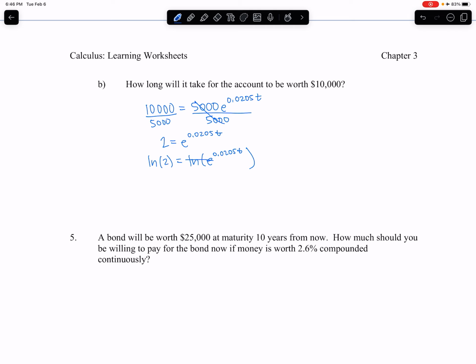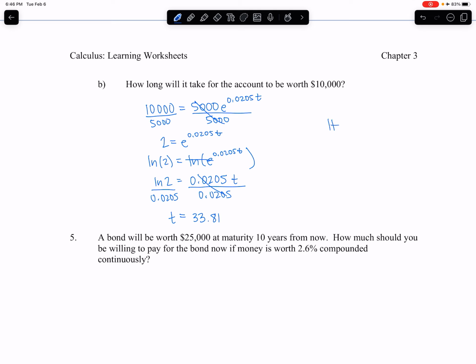Those are inverses, so we have ln 2 = 0.0205 t. Divide. t gives us 33.81.